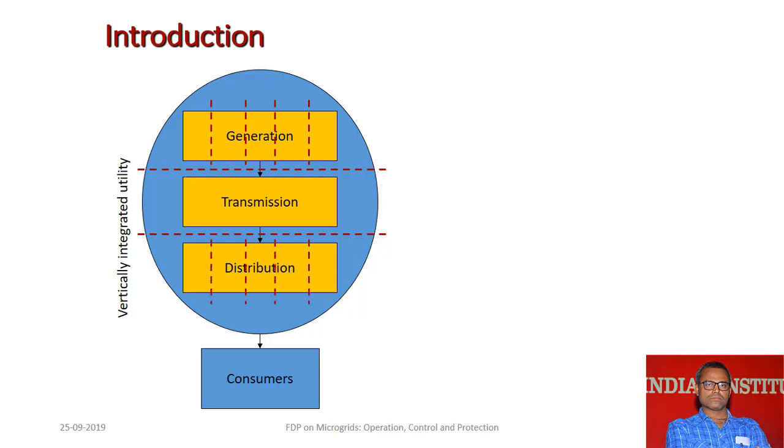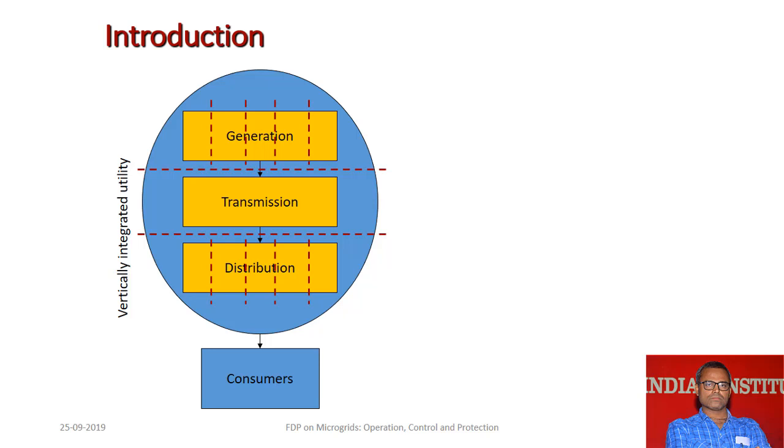Transmission obviously remained a monopoly because we cannot put multiple transmission lines in a system. On the distribution side, disintegration also took place, where many discos participate, and the consumer has a choice to buy from a particular disco.